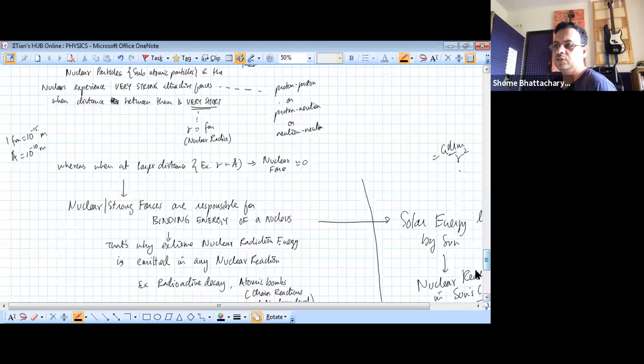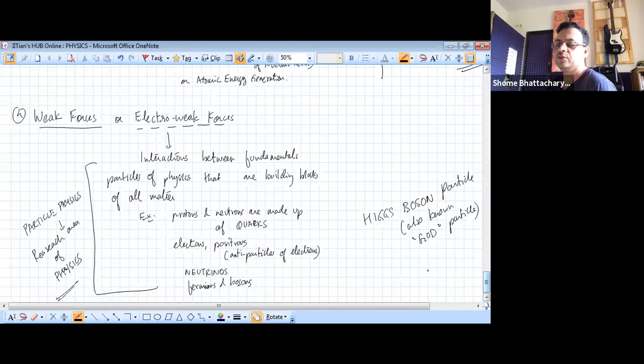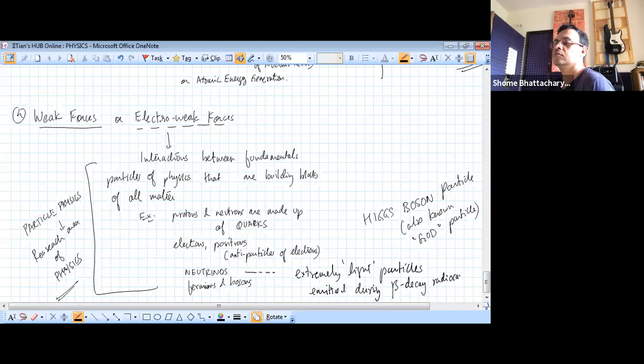Nuclear forces, still to a certain extent we can talk about, because we will know about radioactivity and things like that. Neutrinos are extremely light, tiny particles emitted during beta decay radioactive reactions.